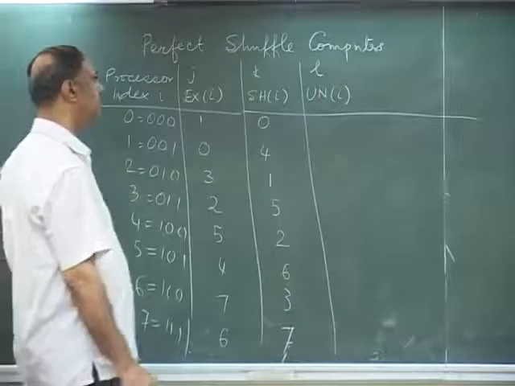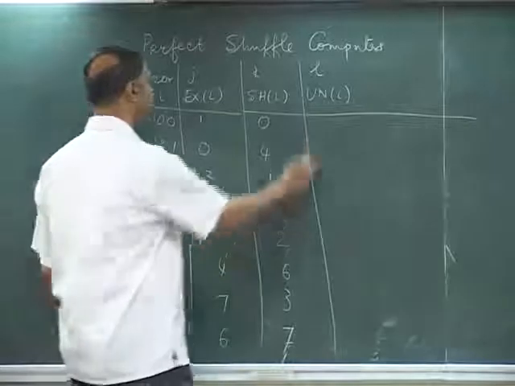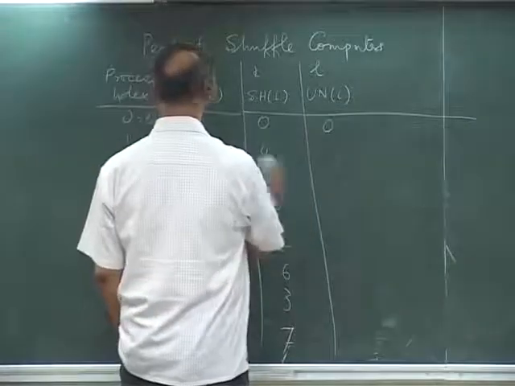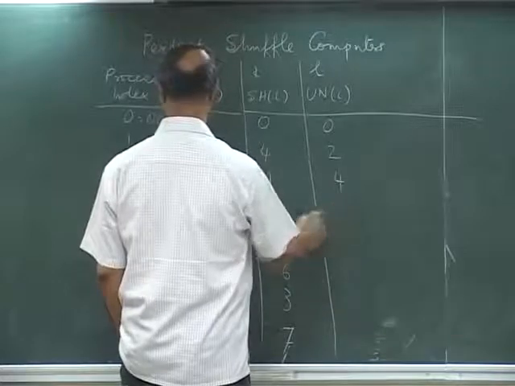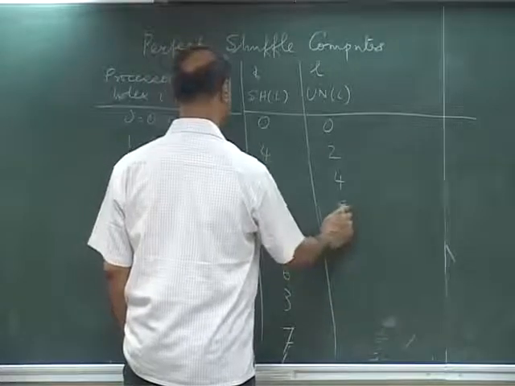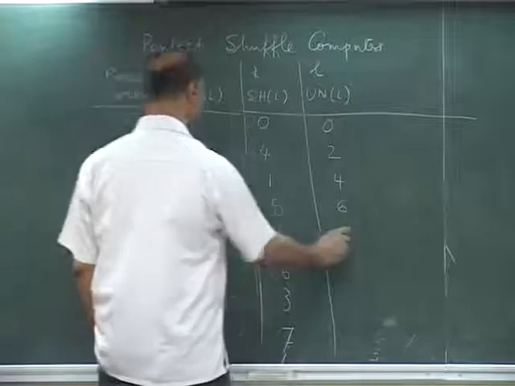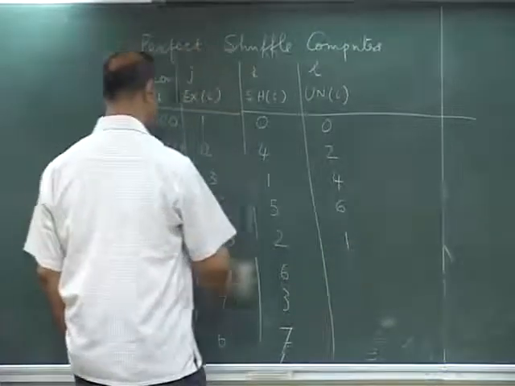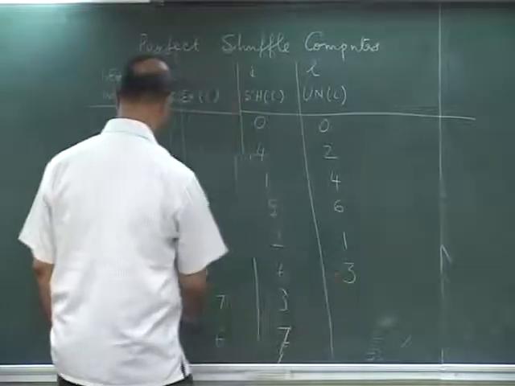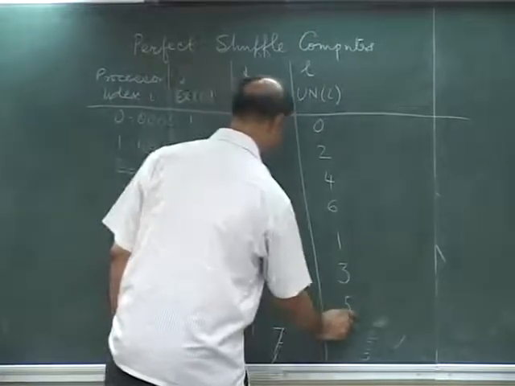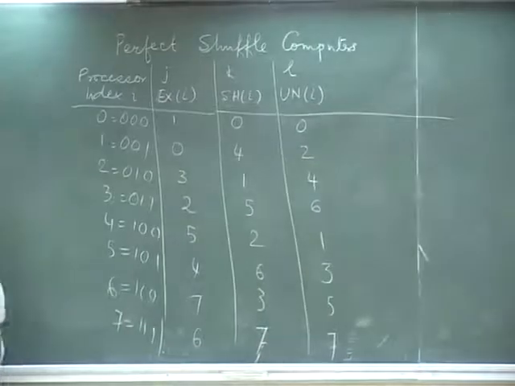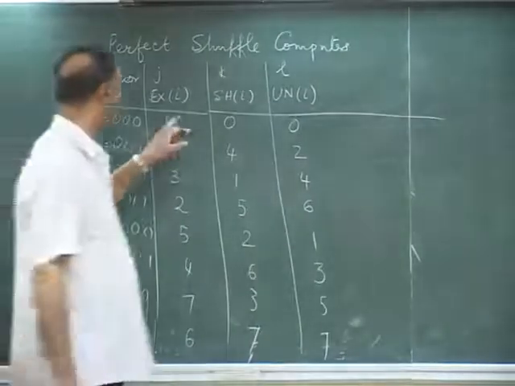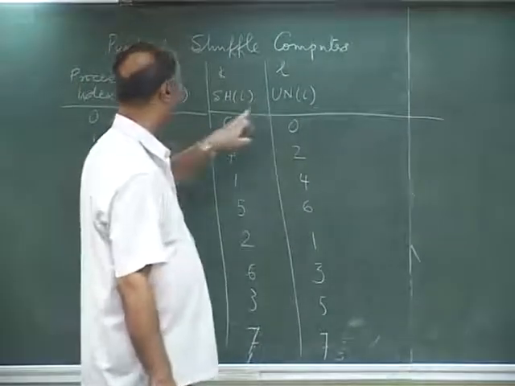Unshuffle: this is 0, this is 2, this is 4, this is 6, this is 1, this is 3, this is 5, this is 7. So I is connected with exchange, shuffle and unshuffle.